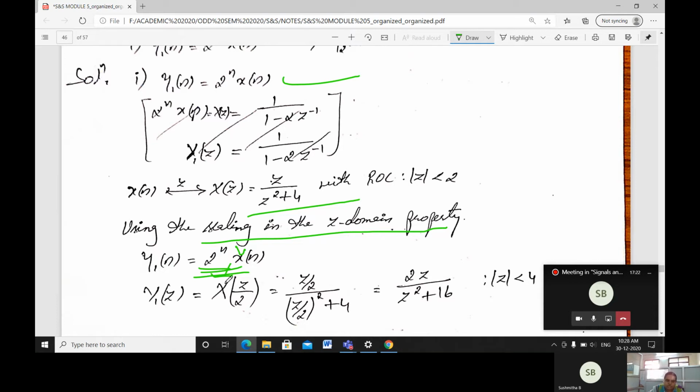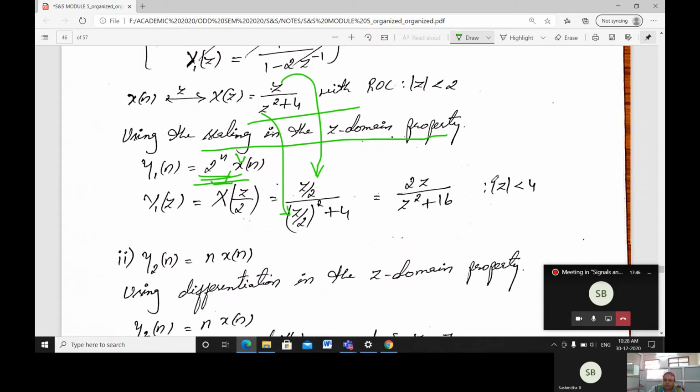Now we have to replace z with z by 2. So z is taken as z by 2, and here also z is replaced by z by 2 whole squared plus 4. Go for simplification here, and we get 2z divided by z squared plus 16. Therefore, mod of z is less than 4.